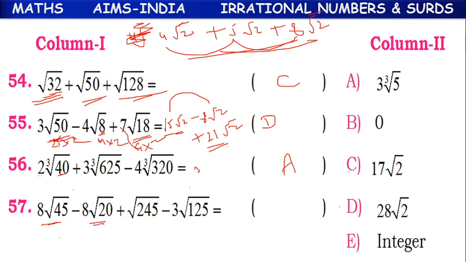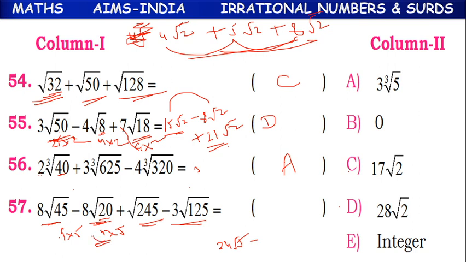8 root 45, 8 into square root 20, root of 245, 3 into root of 125. So 45 we can write as 9 into 5. Root of 9 is 3. 3 eights are 24. 24 root 5, minus 20: we can write it as 4 into 5.